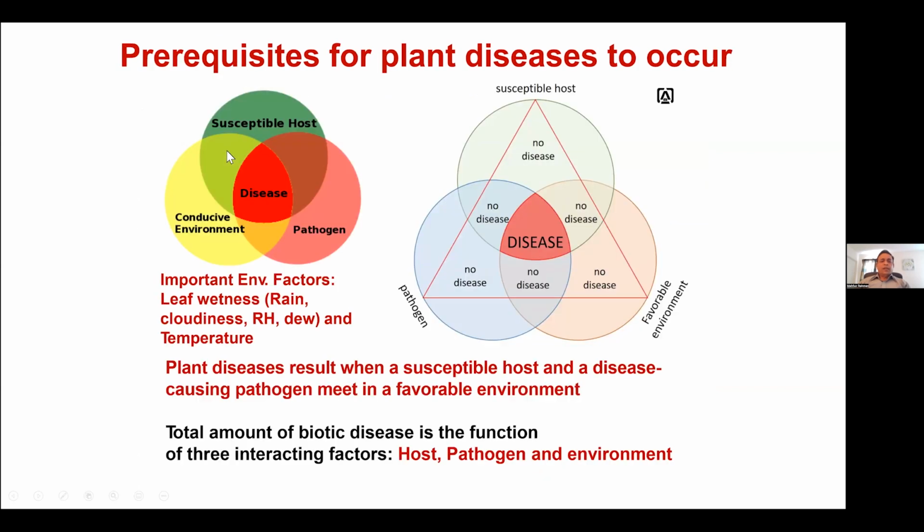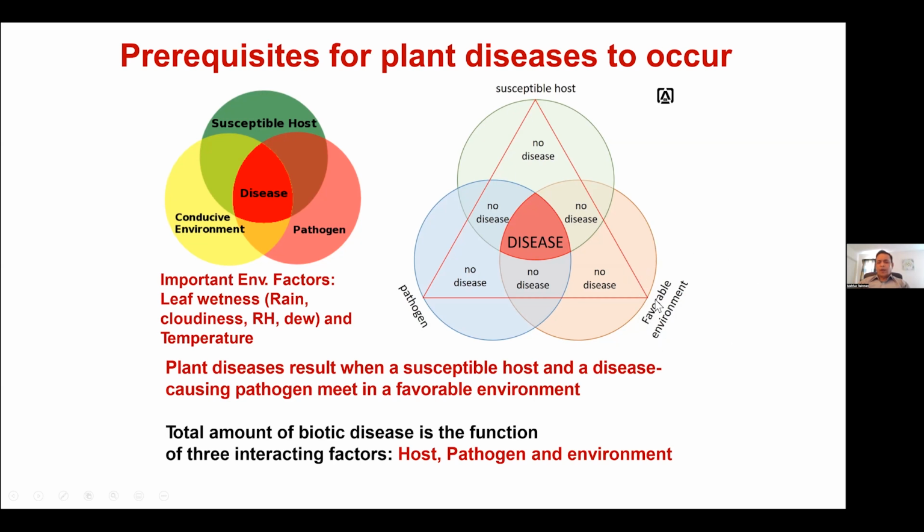So we really need to understand what the predisposing factors and the environmental factors are. And by analyzing these three different factors, okay, you are growing the plant in an environment, right? It can be your greenhouse environment, it can be your high tunnel, it can be your small garden, it can be your large field, whatever.